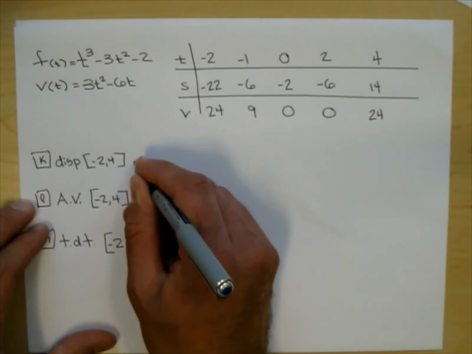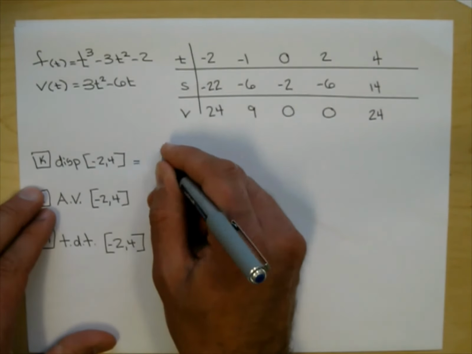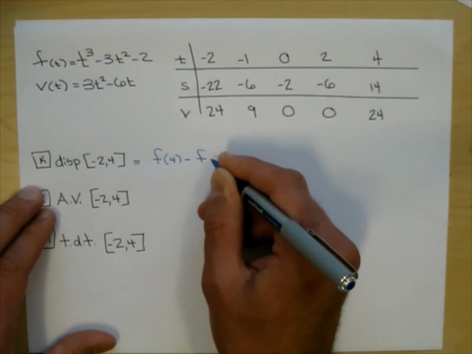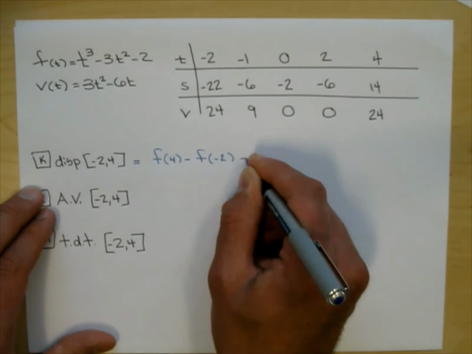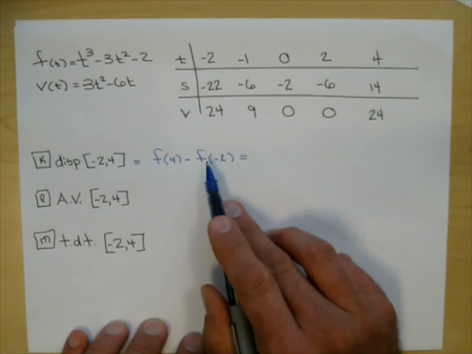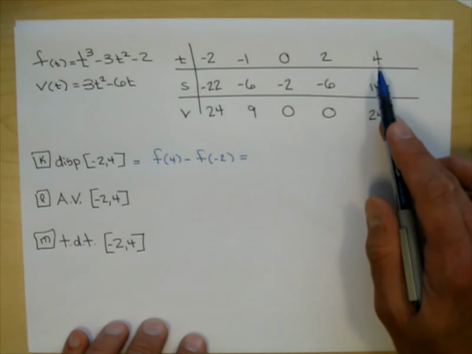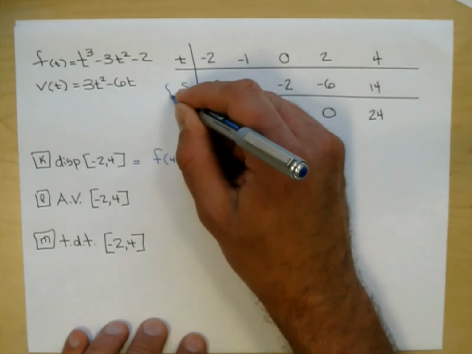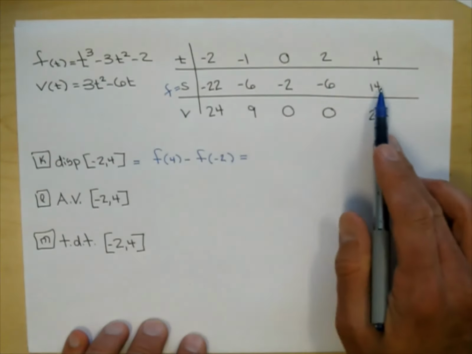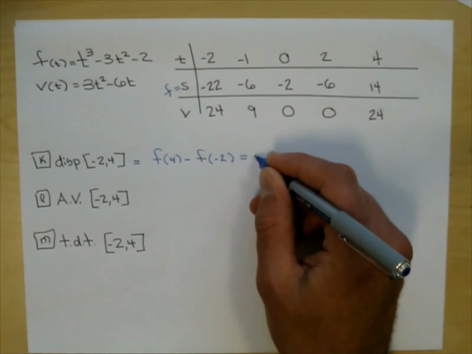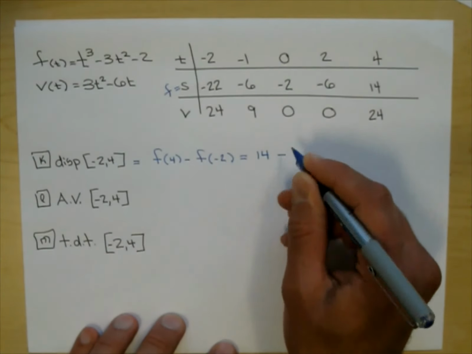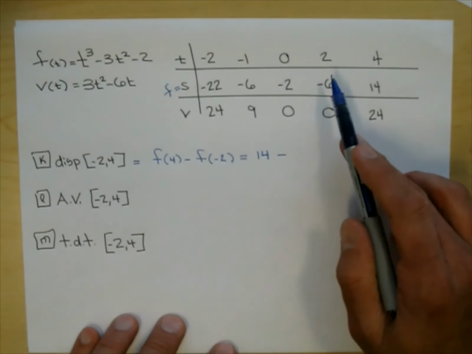So the displacement from -2 to 4 is really f of the end time minus f of the start time. But because we've already plugged in f of 4 and f of -2, and this right here is f, by the way. Those are the same, f and s. So f of 4 is 14 minus f of -2.